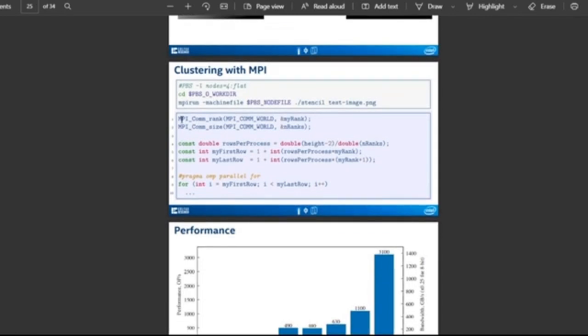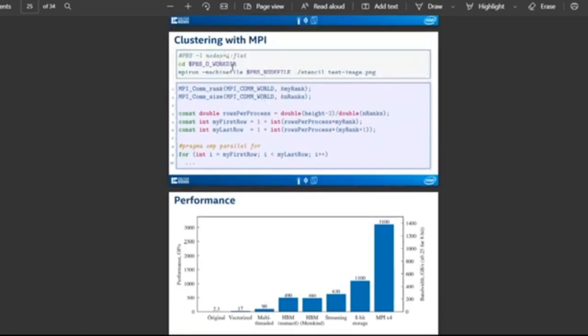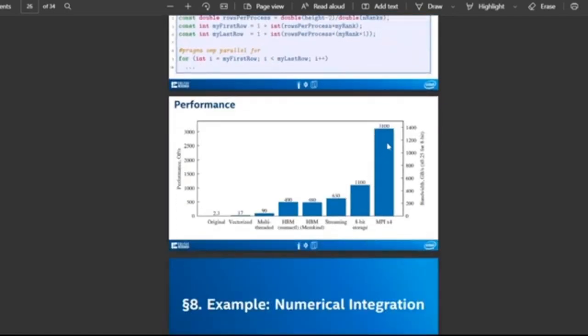This is the code that we've added on top of the code that was there before, and this is allowing us to distribute the process over these nodes, and just using 4 nodes, we managed to massively increase the performance from 1100 to 3100.